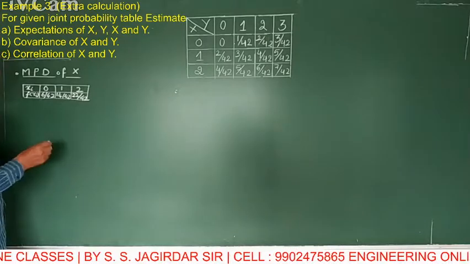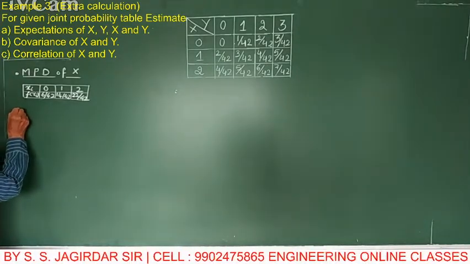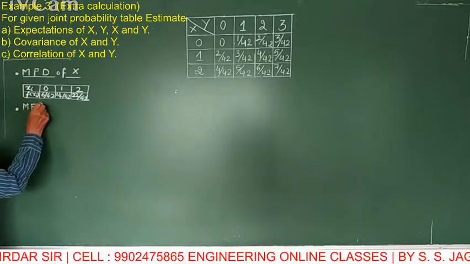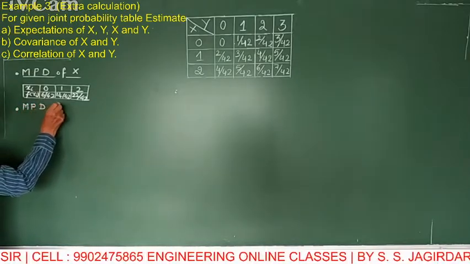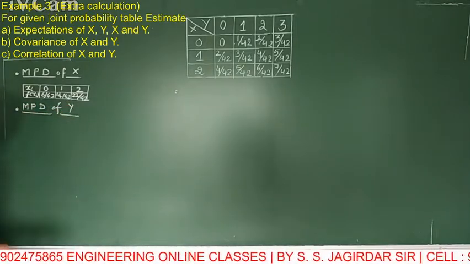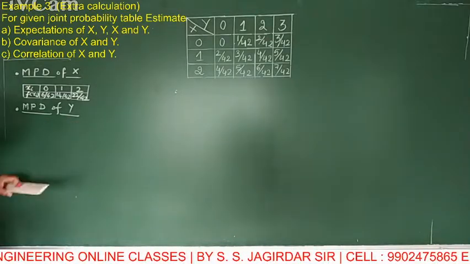Similarly, we can go for the marginal distribution of y. Next, the marginal probability distribution of y. Now you can see in the table there are 4 values.